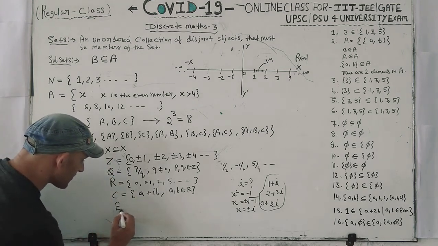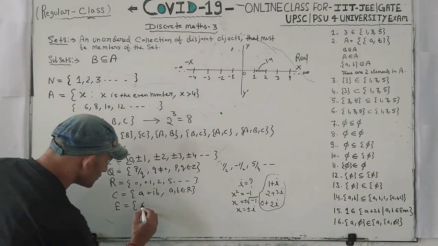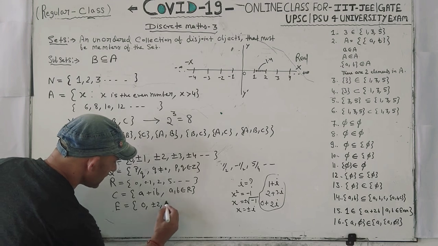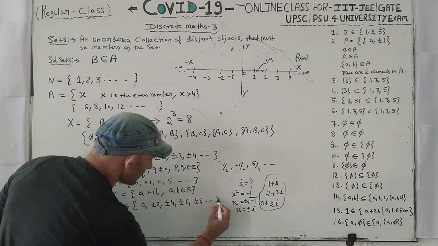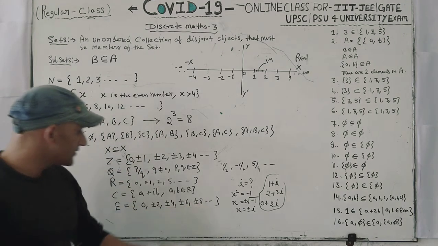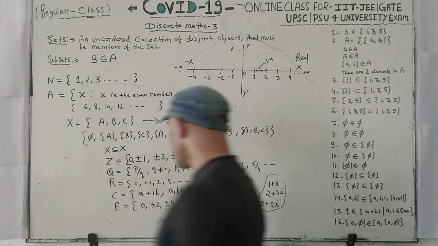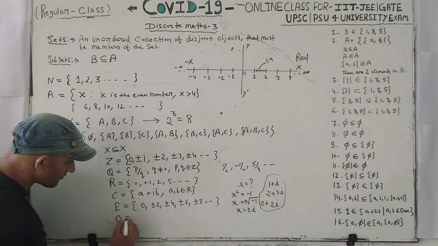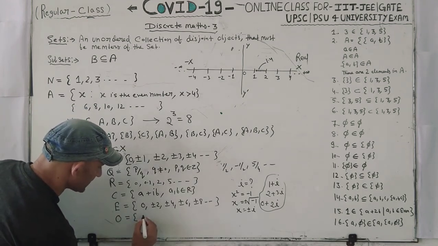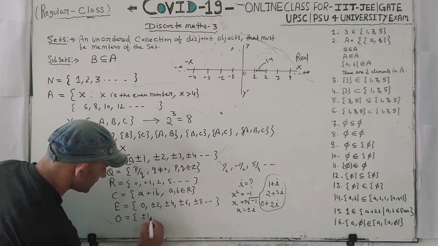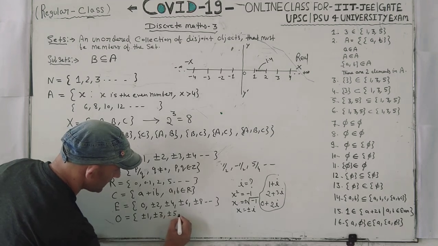Then you have even numbers. An even number is one divisible by 2. So 0, plus minus 2, plus minus 4, plus minus 6, plus minus 8, and so on to infinity. These represent the set of even numbers. Now suppose I am taking odd numbers. The odd numbers start from plus minus 1, plus minus 3, plus minus 5, and so on.